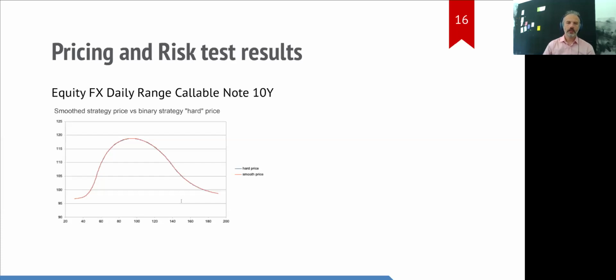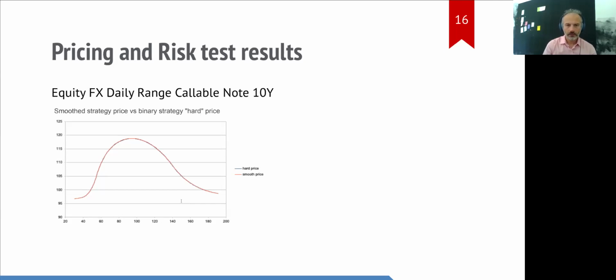So we looked at the equity FX daily range callable note. In this plot, on the x-axis we have the spot value for the stock, and on the y-axis the price. So we basically go from out of the money, to in the money, and out of the money.